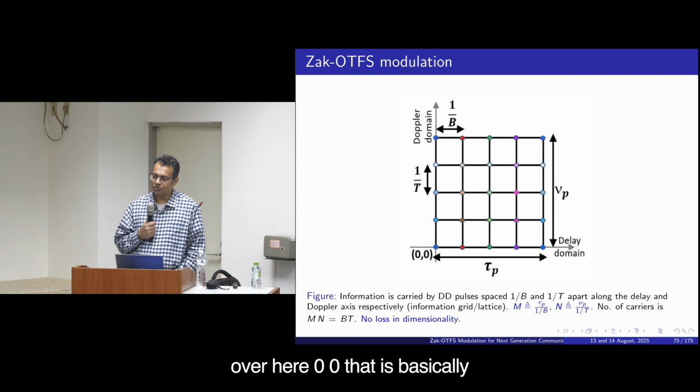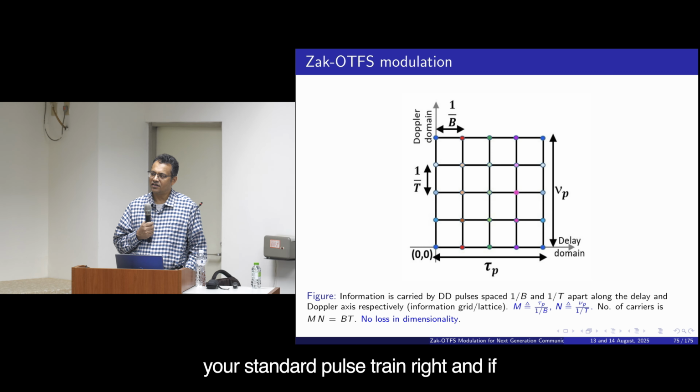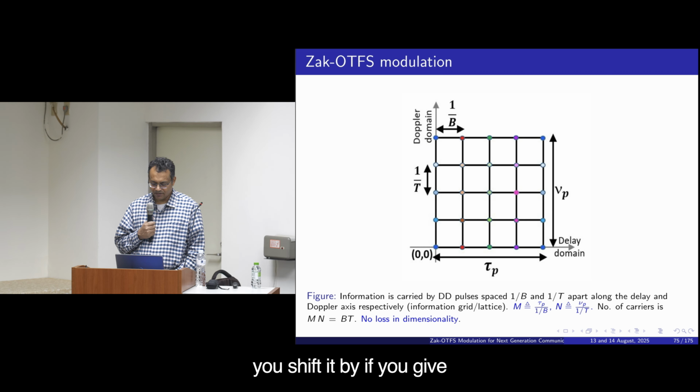This one over here, 0 0, that is basically your standard pulse train, right? And suppose I want to generate this carrier, what will I do?